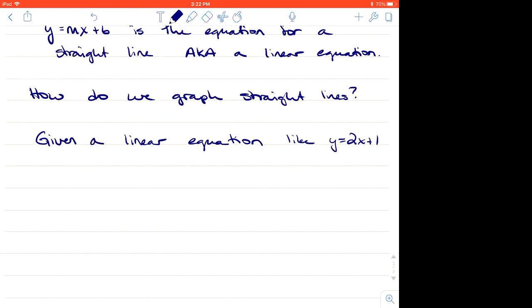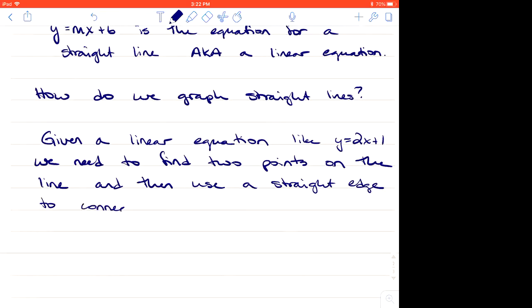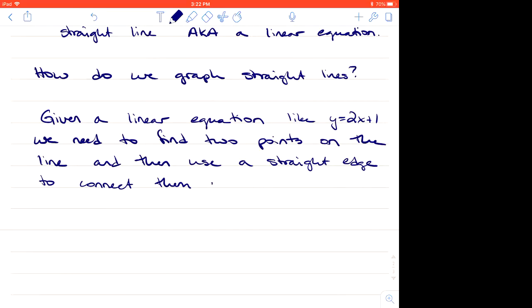So we need to find 2 points on the line, and then use a straight edge to connect them, and extend the line.